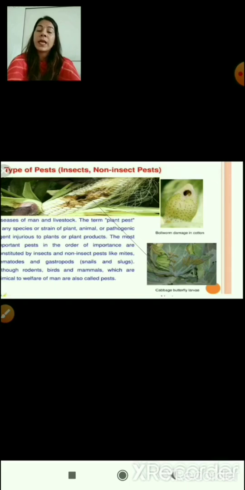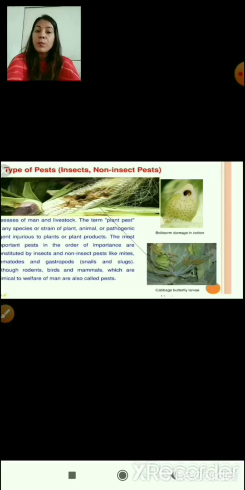Types of pests can be insect and non-insect pests. The term plant pest can refer to any species or strain of plant, animal or pathogenic agent which is injurious or harmful to the plant or plant product.